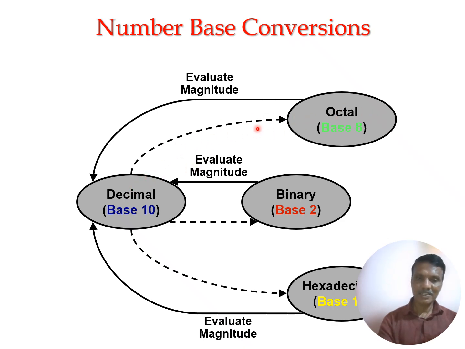Okay, the dotted line represents decimal to any base. So it may be a binary conversion, octal conversion, or hexadecimal conversion.